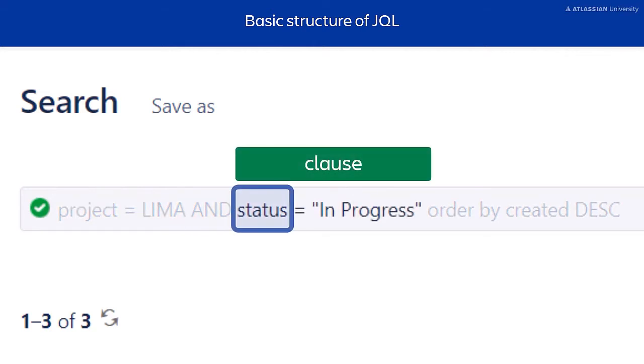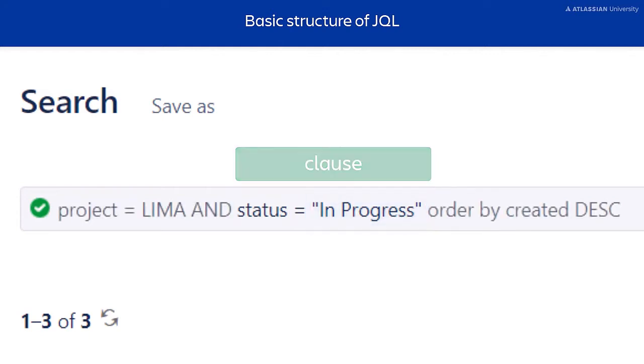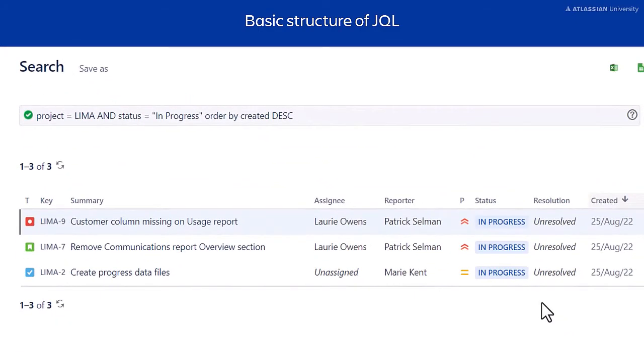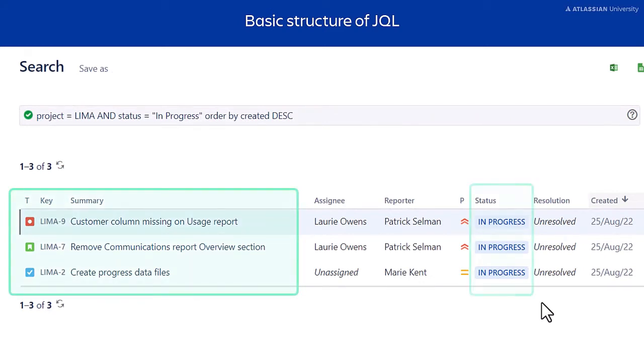This clause's field is status. Its operator is the equals sign, and the value is in progress. This query tells Jira to show issues in the Lima project that have a status of in progress, and to order these issues by their created date in descending order.